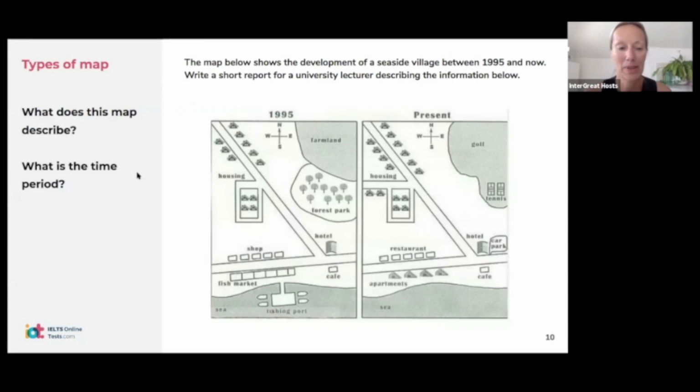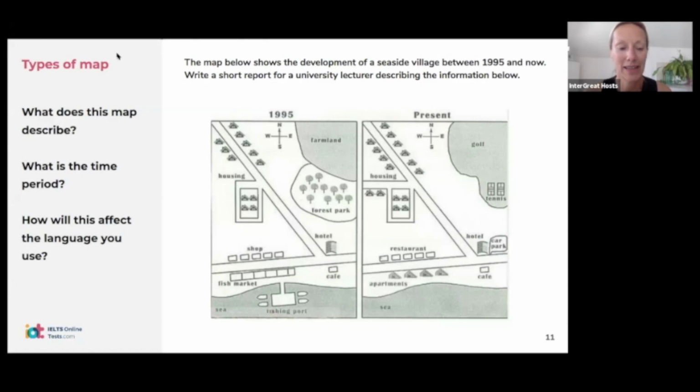What's the time period? 25 years. Yeah, so it's 1995. I was just trying to work that out in my head, actually. 1995 to present. Yeah, so that's the key time period. And then this is very important.